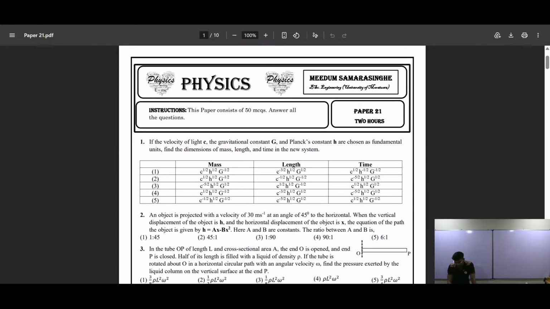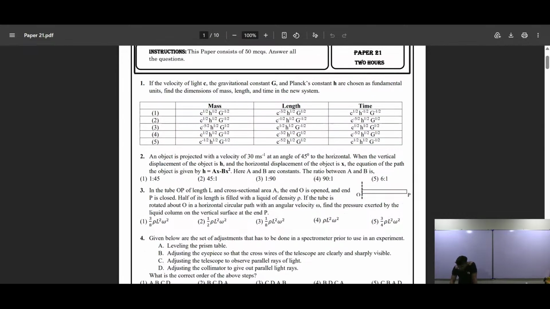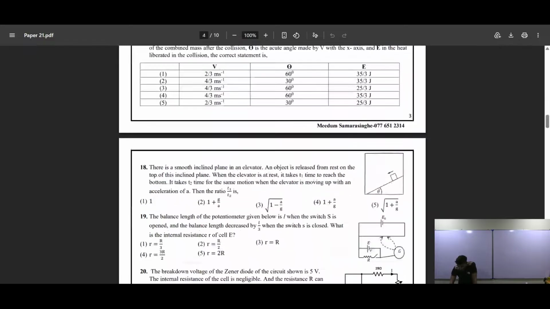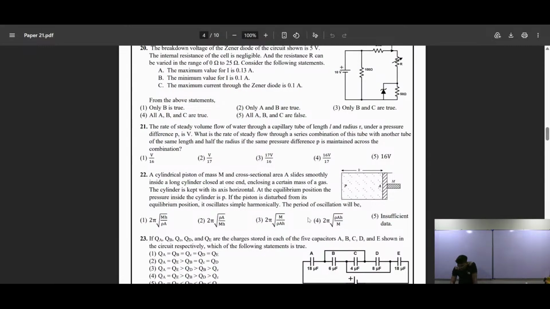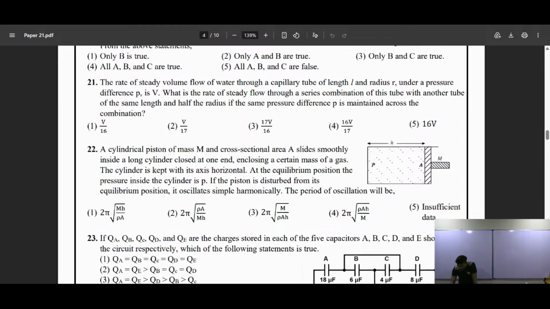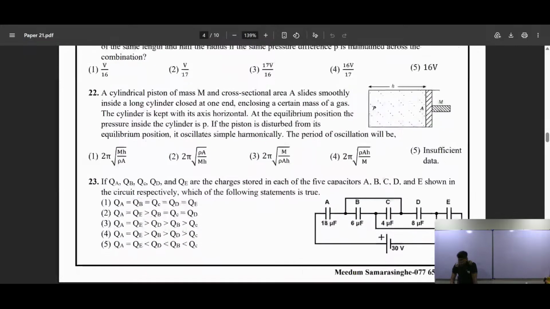Hari, this is paper 21. We discussed until question number 21. Now we have question 22, right? This is the question. A cylindrical piston of mass capital M and cross-sectional area A slides smoothly inside a long cylinder closed at one end, enclosing a certain mass of a gas.